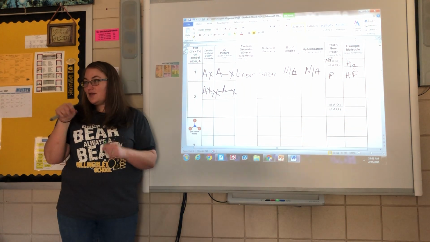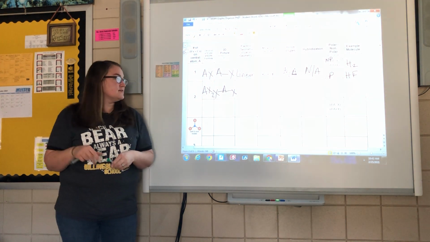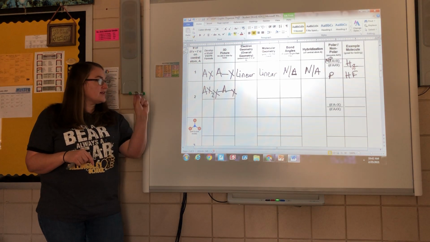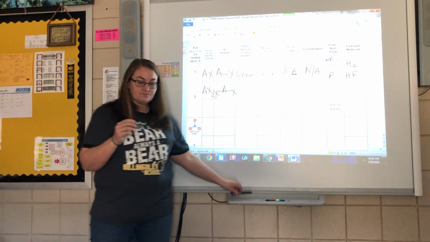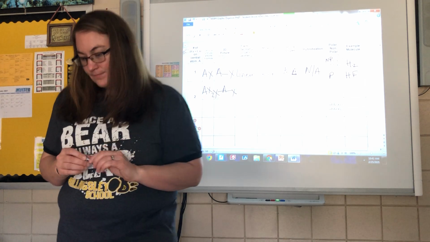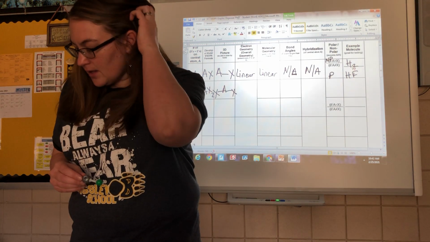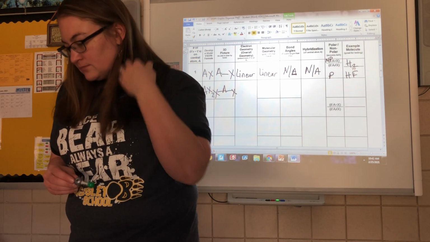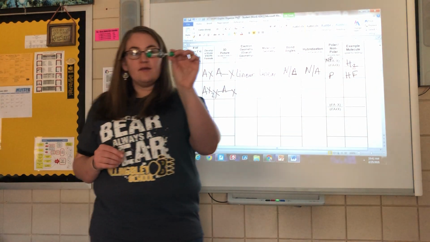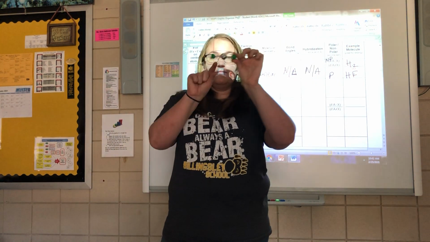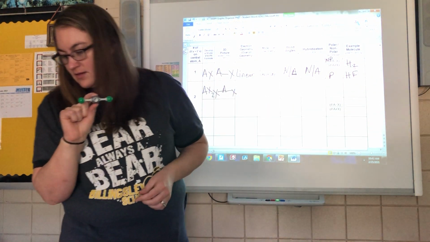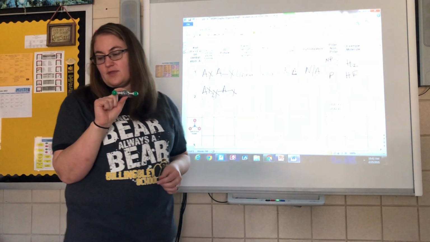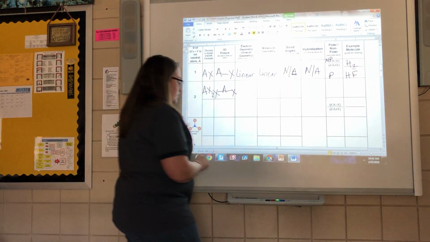All right, it should be an A with two lines out and then the X's on the sides. So you've got a single bond on each side of A with the X on the side. What kind of geometry would we call that? What kind of shape? Linear again. And it's going to be the same thing for the molecular geometry. It's going to be linear.